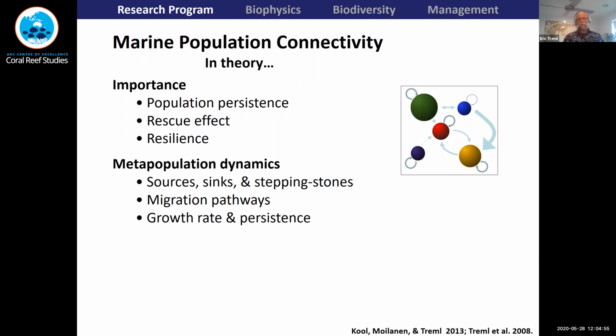The flow of organisms between populations is important for population persistence and for rescue following disturbances like bleaching, crown-of-thorns, or shipwrecks. This connectivity, or movement between subpopulations, drives a lot of the metapopulation dynamics that we see in nature.